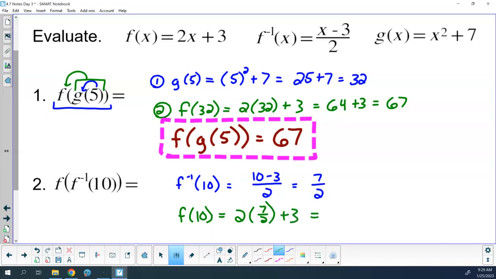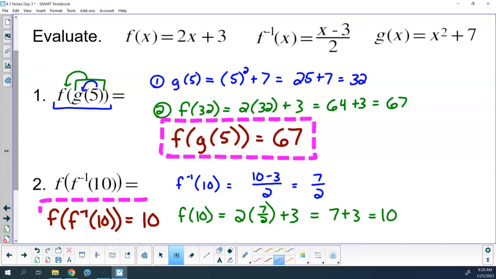That's 7 plus 3, and that's going to be 10. So f of the inverse of f of 10 is 10. Does that come as a surprise to anyone? Should it? Because they're inverses. They are defined as inverses. So they should cancel each other out. Excuse me. I've got a pickle in the back of my throat.